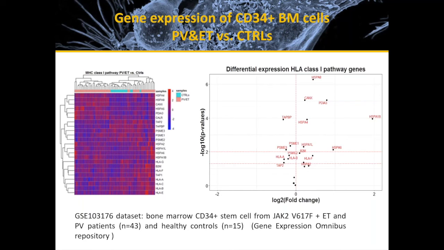The most reasonable explanation would be that on many occasions, pre-leukemic cells downregulate the expression of molecules involved in antigen processing and presentation by MHC class I.